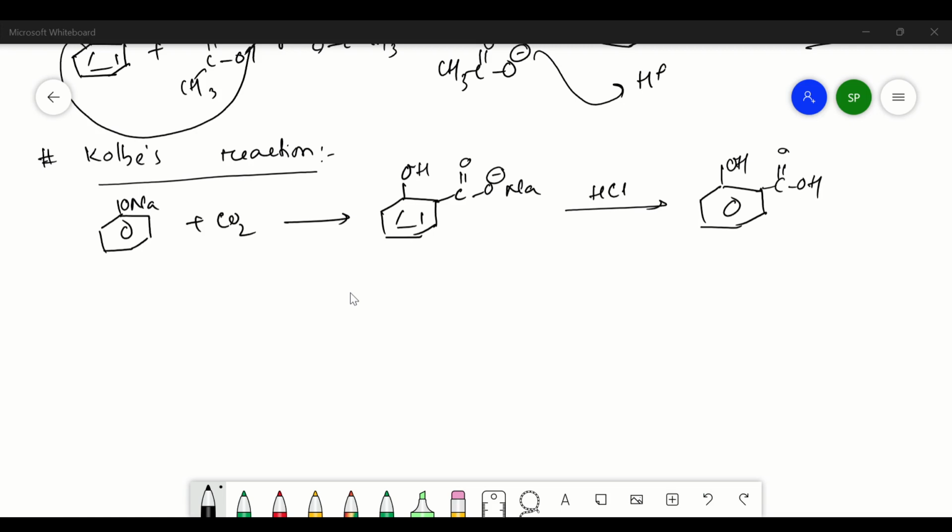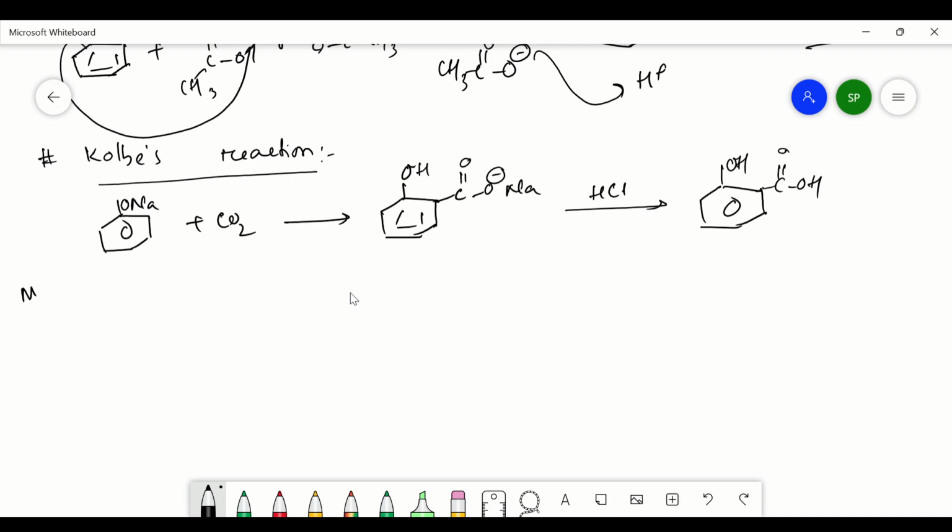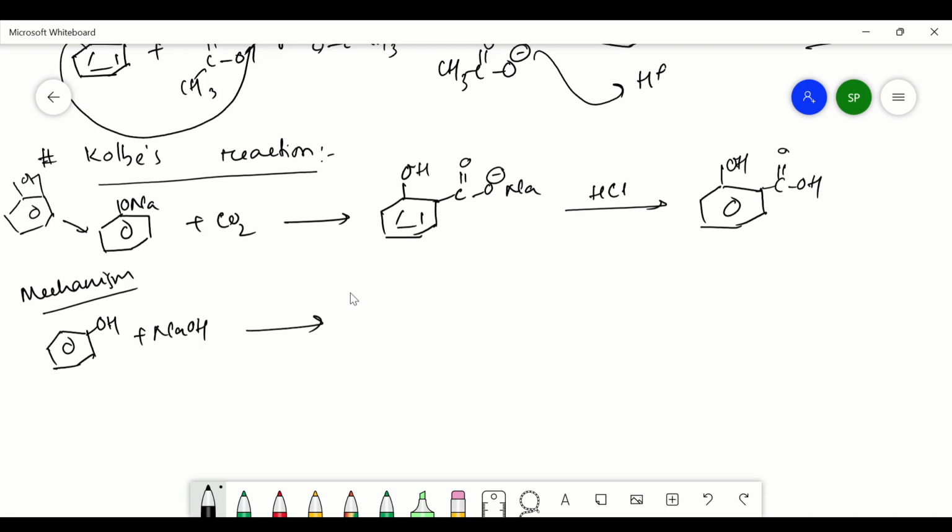The reaction mechanism is as follows. Sodium phenoxide is obtained from phenol treated with NaOH, or with sodium, producing sodium phenoxide, ONa.